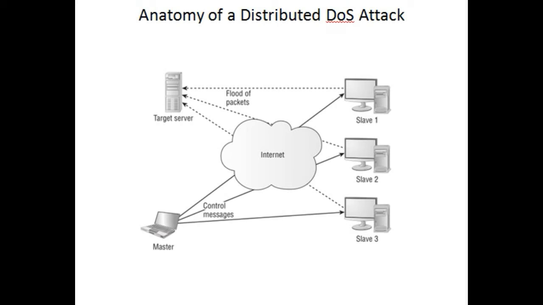How bots and botnets work. A bot is short for web robot and is an automated software program that behaves intelligently. Spammers often use bots to automate the posting of spam messages on newsgroups or the sending of emails. Bots can also be used as remote attack tools.